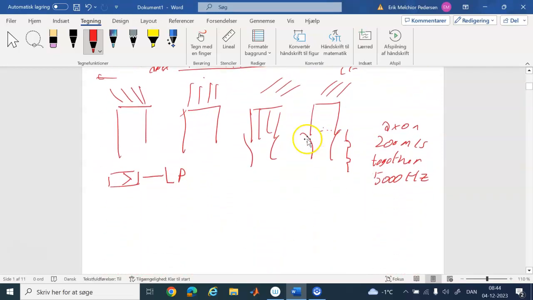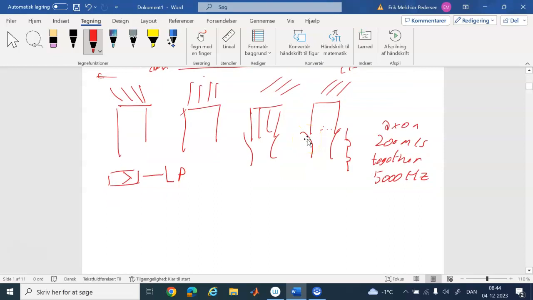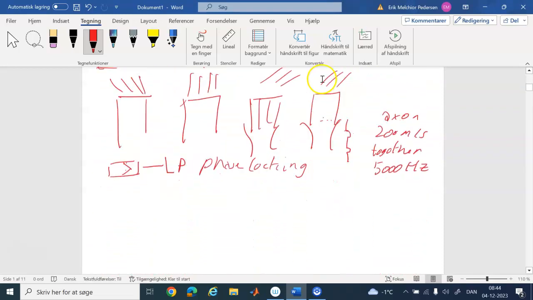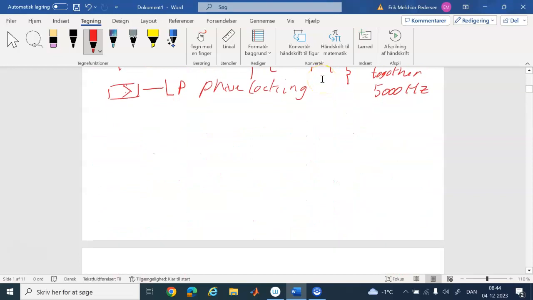And of course this also gives phase locking. This rectifying and phase locking, there's also what's called, I forgot it, envelope and fine structure.